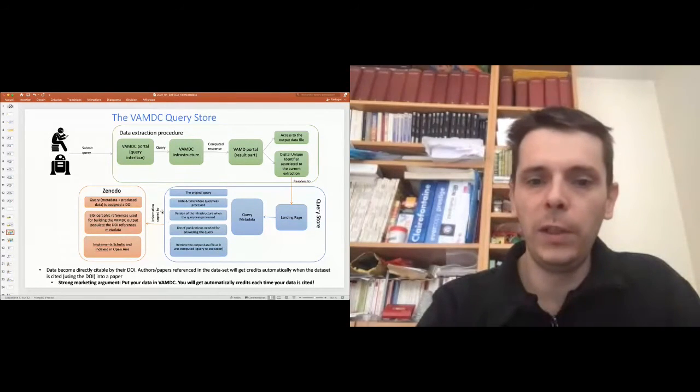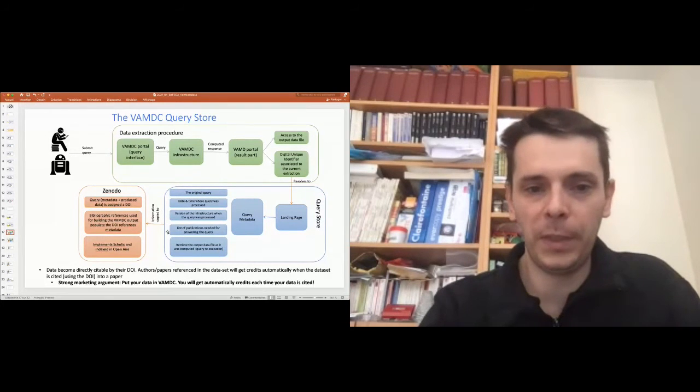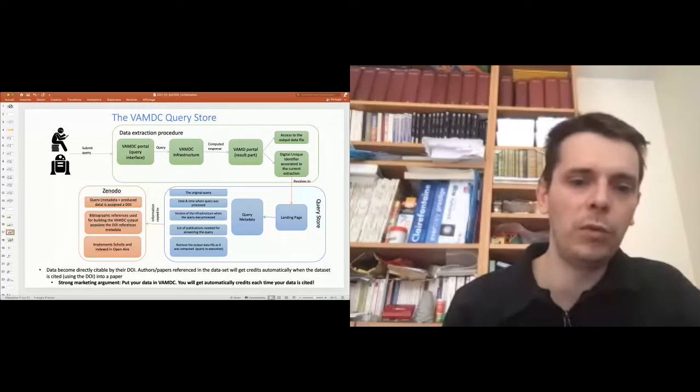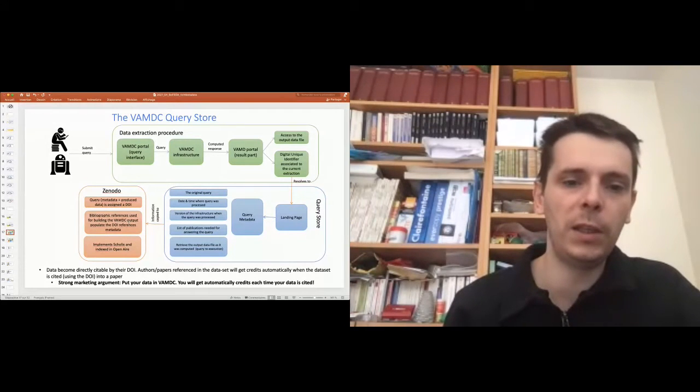All this information, together with the produced dataset, is registered into Zenodo, so the query plus the metadata and the data are assigned a DOI. All the bibliographic references used for building the output populate the DOI reference metadata.